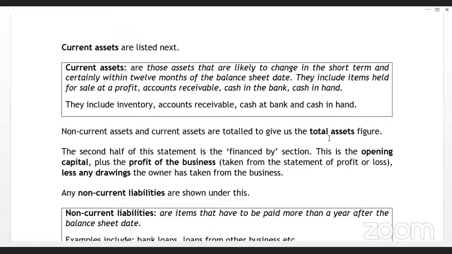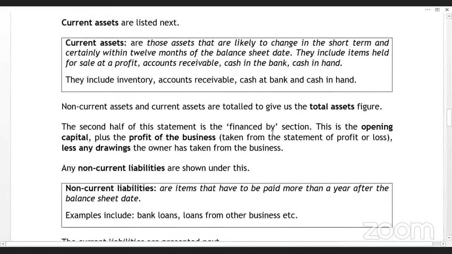Then after the assets, what do we do next? After showing our assets, now we have to move to the second section of the balance sheet, which is the financed by section. In that section, we have to show the equity of the business. That is the opening capital. On that capital, we have to add the profit, which is taken from the statement of profit and loss, which we have looked at before.